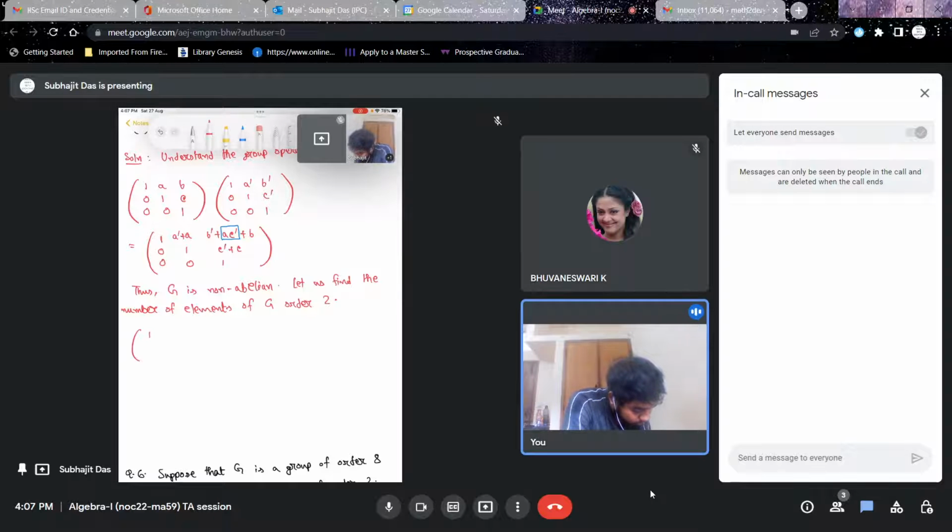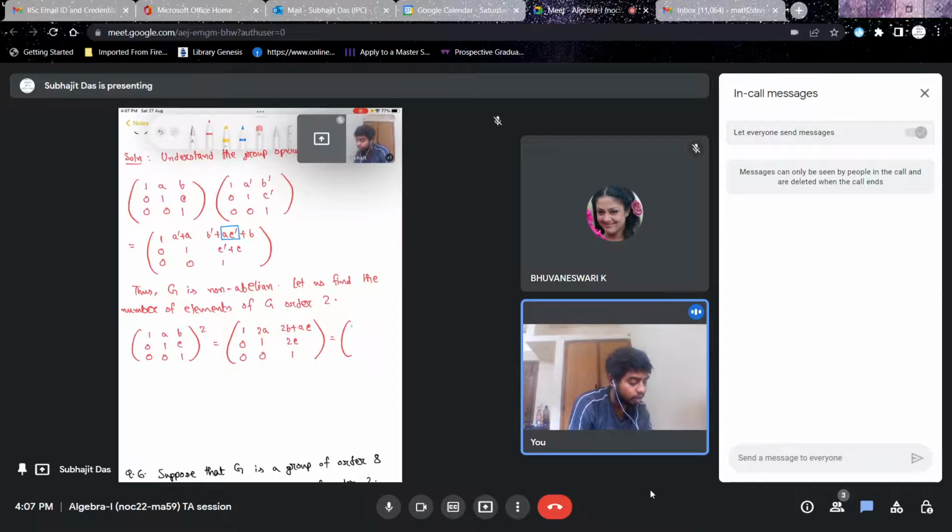If you take 1 A B, 0 1 C, 0 0 1 and square it, according to the multiplication that we have, this is A plus A, that is 2A, then 1, 0, 1, this is 2C, and this is 2B plus AC. Since we are working over Z2, 2 times anything vanishes.